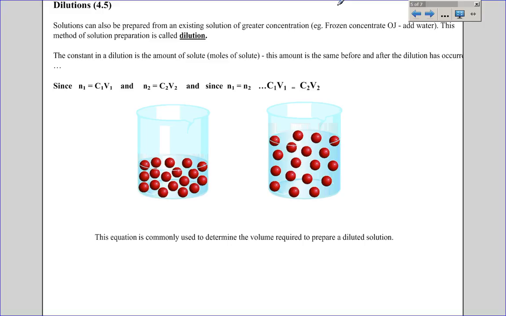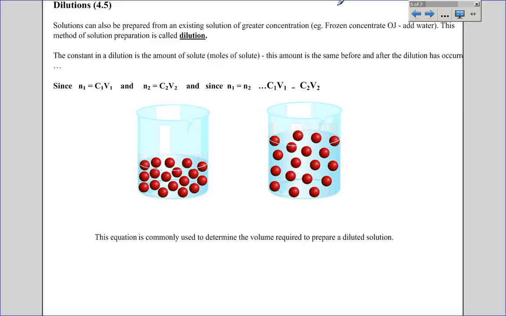So in the lab, there are two main ways to make a solution. Sometimes we'll make a solution by taking a solute in its solid form and dissolving it in a certain amount of solution. Or we already might have a solution of a certain concentration, and we might want to use that solution, referred to as a stock solution, in order to prepare a solution of a different concentration.